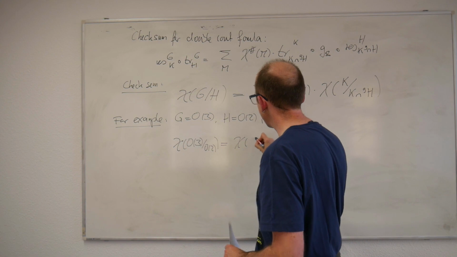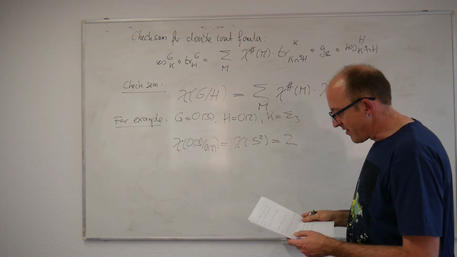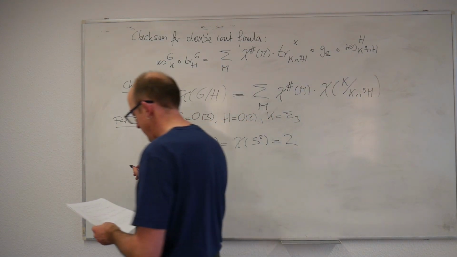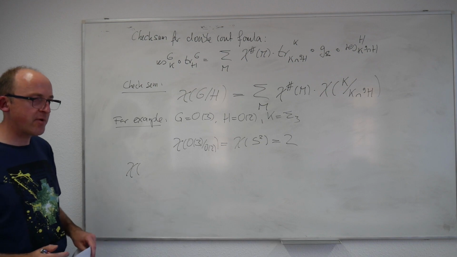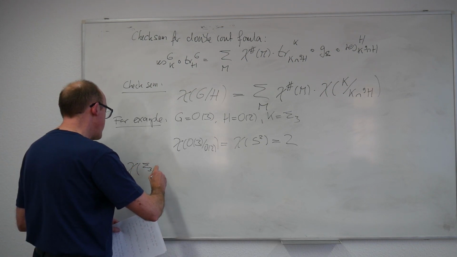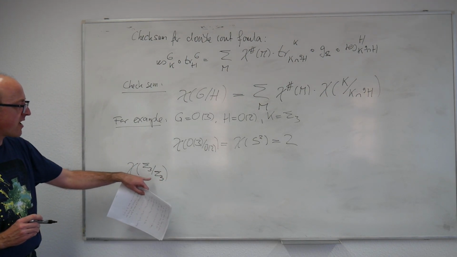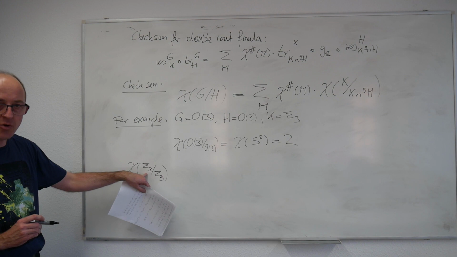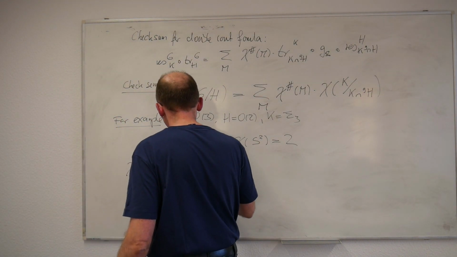So this is the Euler characteristic of the 2-dimensional sphere, which is 2. On the other hand, we had 5 summands, and now it's gone from the board, but you can look it up by rewinding. We had the 2 fixed point contributions. They came with coefficient +1, that was the internal Euler characteristic, and they were transfers which didn't really show up, transfers from sigma 3 to itself. And we had 2 of them.